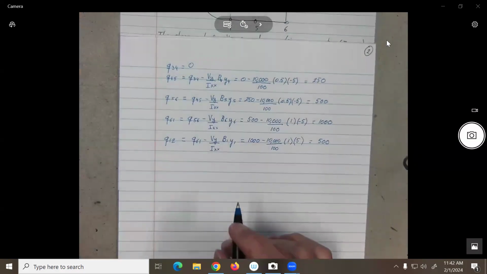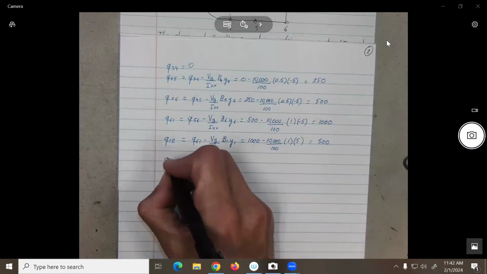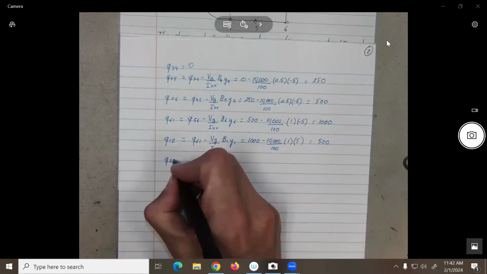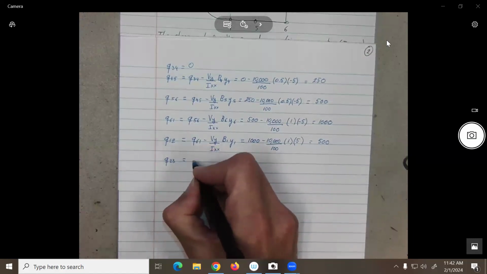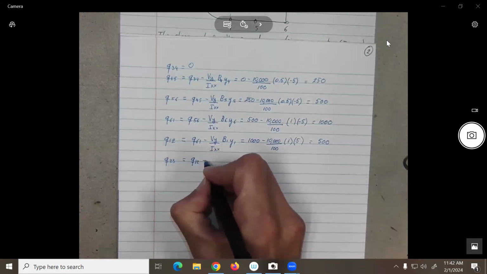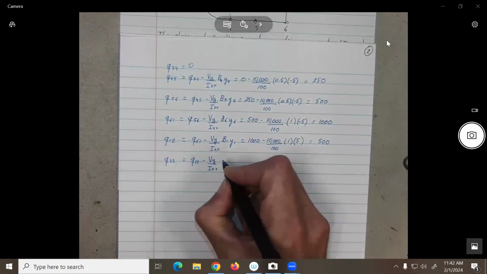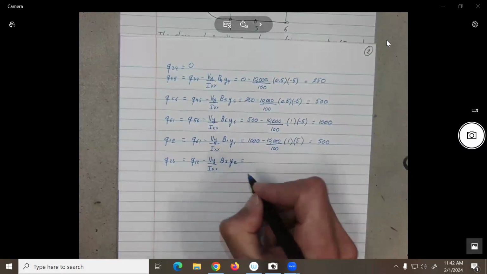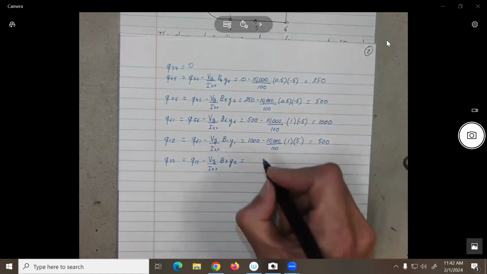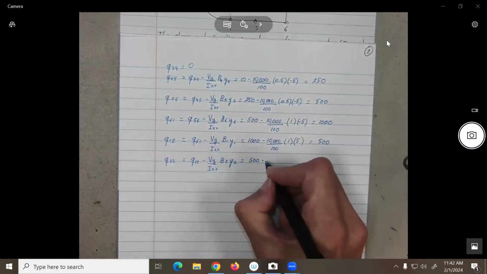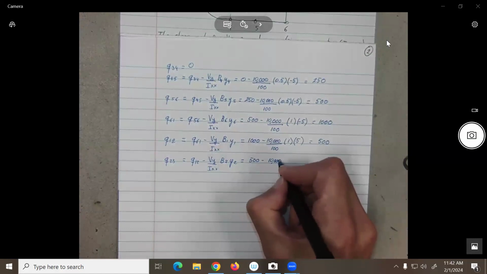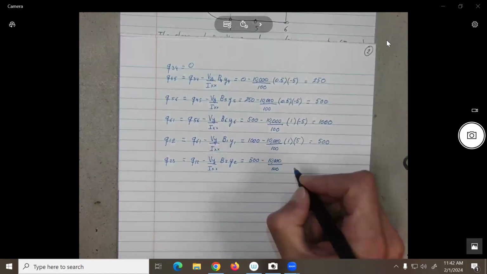Okay, so finally we need to do Q23 equal to Q12 minus Vy over Ixx B2 Y2. So this should be equal to what? 500 minus 10,000 over 100.